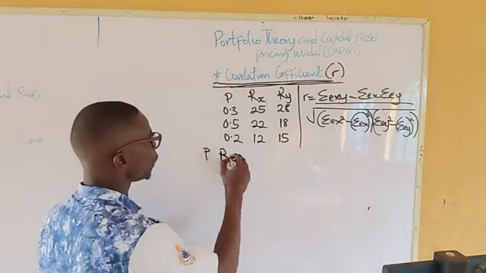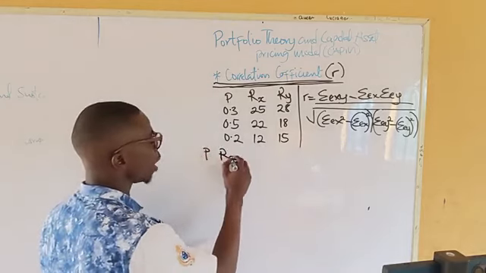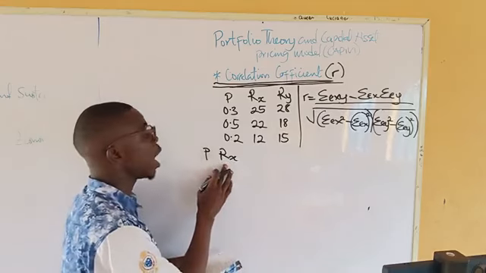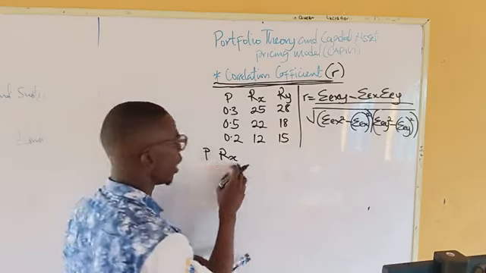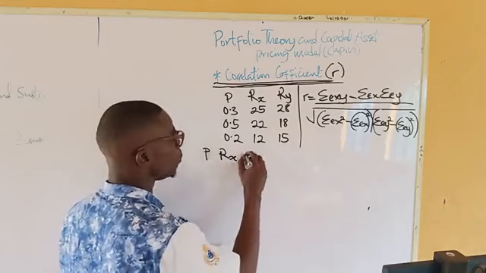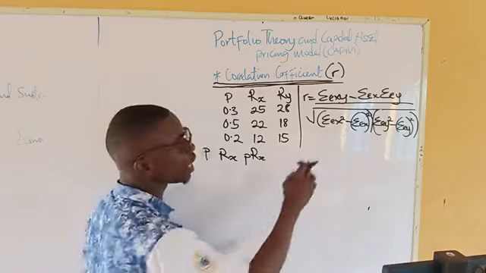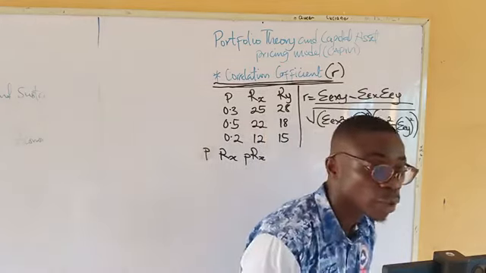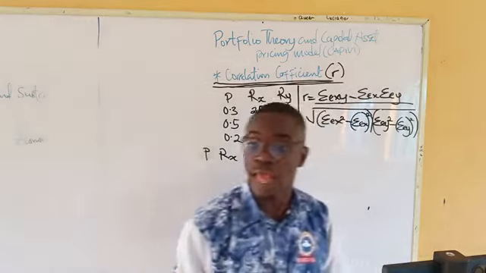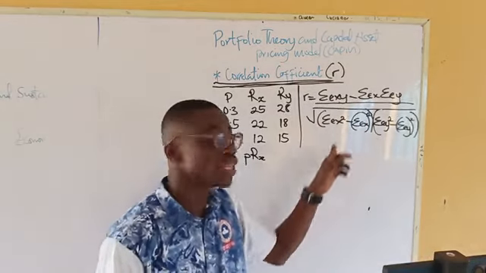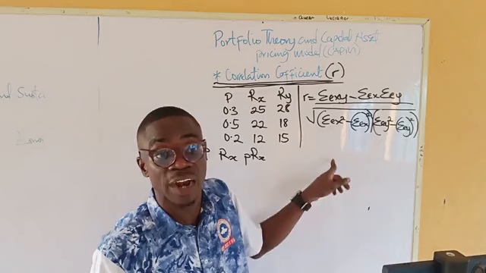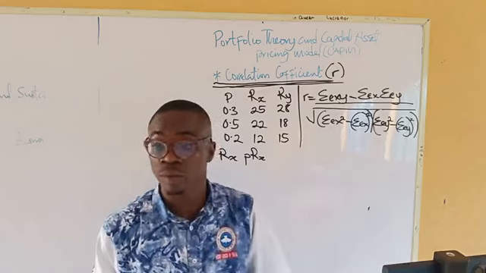We have P, we have RX, we have to look for P times RX. Don't forget that this E is probability. If you like, you can put P there, and note that P represents the probability.